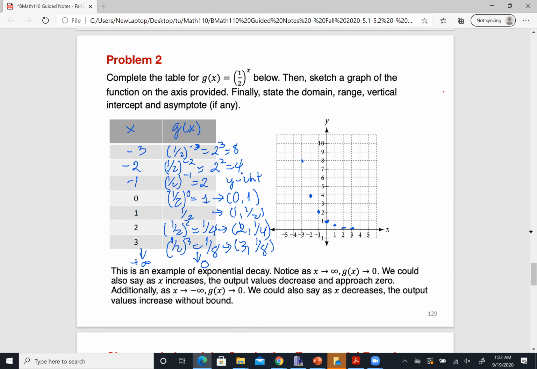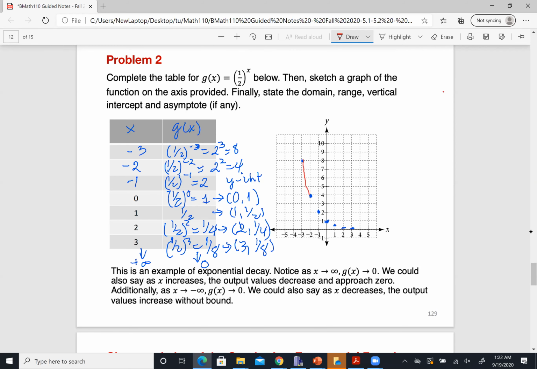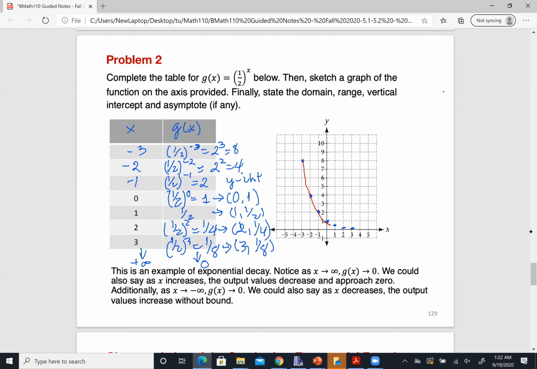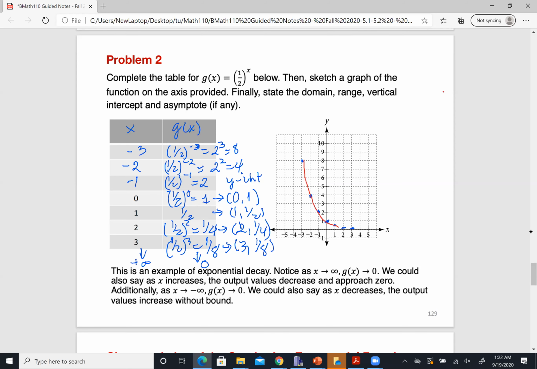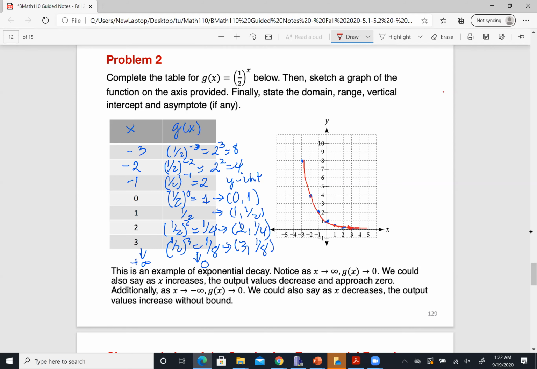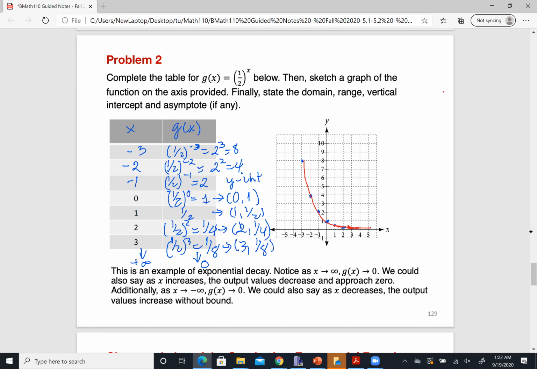Okay, so I will try my best to draw this. Oh my God, it's not correct. It's not easy for me to draw this way. Okay, almost. It keeps going like that.